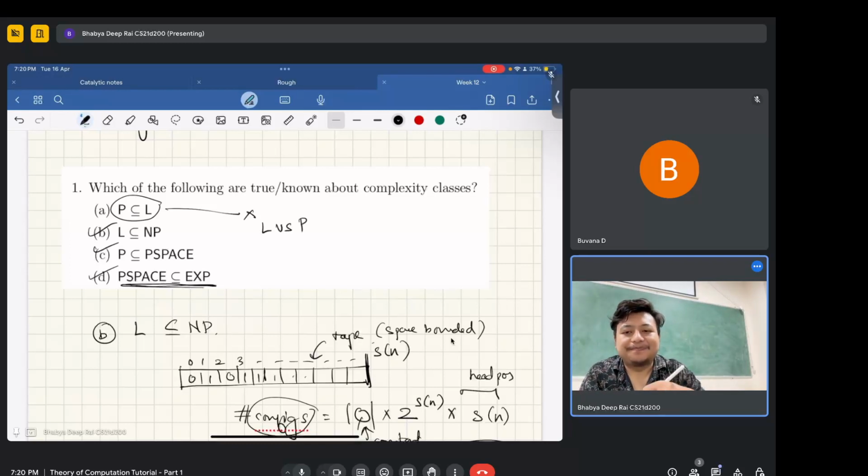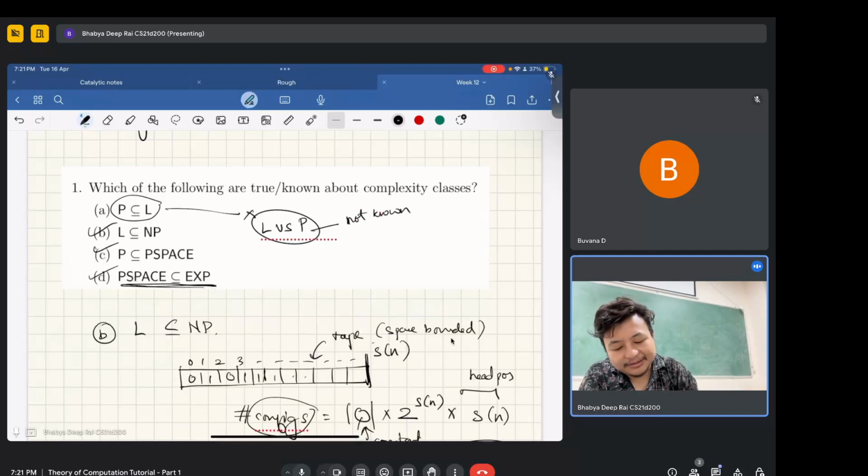There have been various attempts to resolve this. It is believed that L is not equal to P, just like it is believed that P is not equal to NP. Similar to L versus NL and P versus NP, this is another big problem in complexity theory. This is not known.